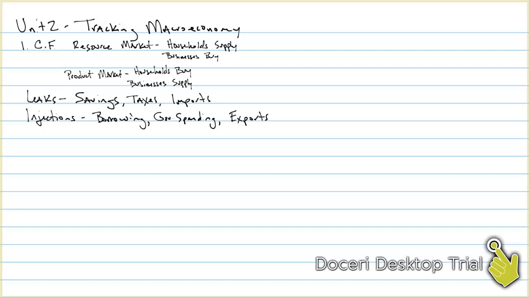When I see questions about circular flow, this is what the questions are about. Either about what's happening in the resource or product market, okay, or it's about the examples. You need to be able to pick which would be a leak or injection, just like this problem here, okay? This is not an uncommon problem. Not that you're going to see a lot of questions.